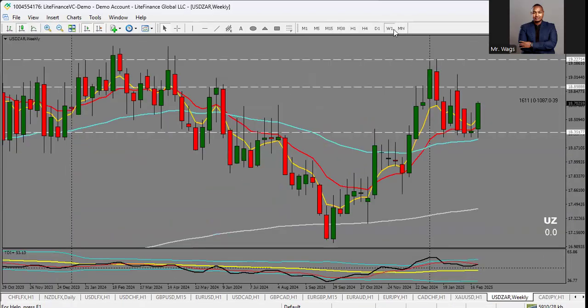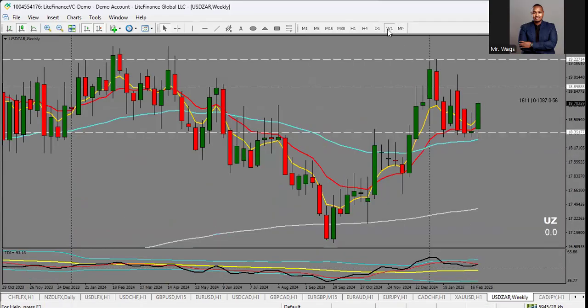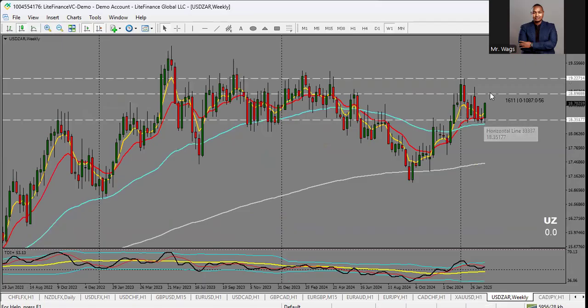So we are having a consolidation, and the market structure is bullish here. We have a consolidation, and then we can have our bullish market structure continuing.